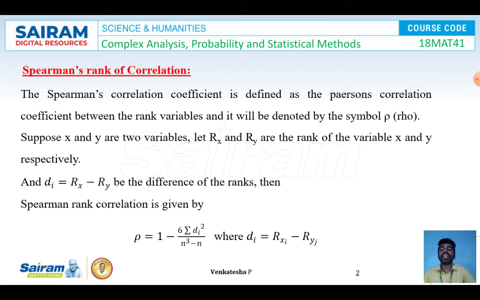Then di is equal to rx minus ry, the difference between the two ranks. Then Spearman rank correlation is given by rho is equal to 1 minus 6 times summation di square by n cube minus n, where di is the difference between two ranks.